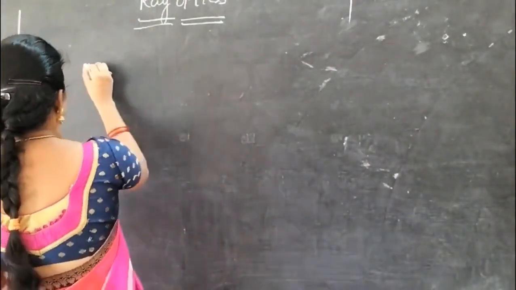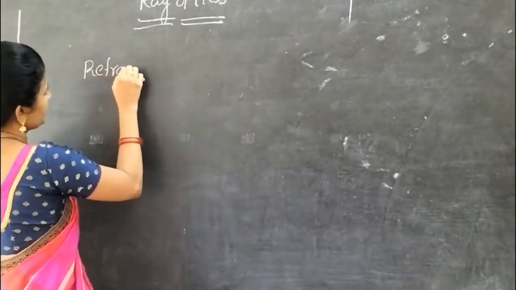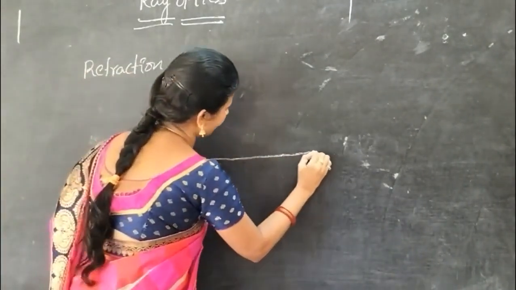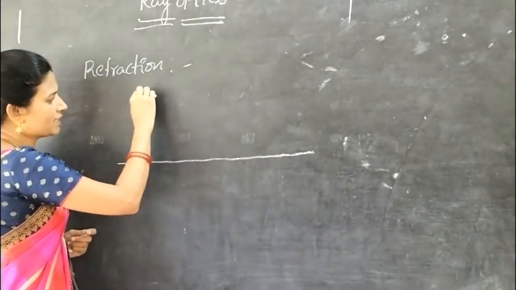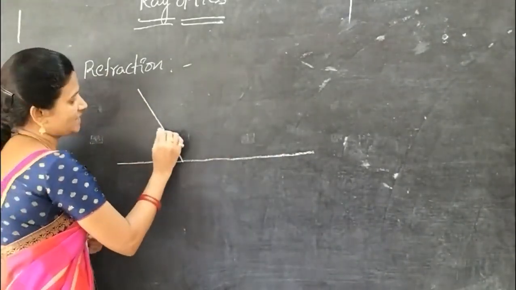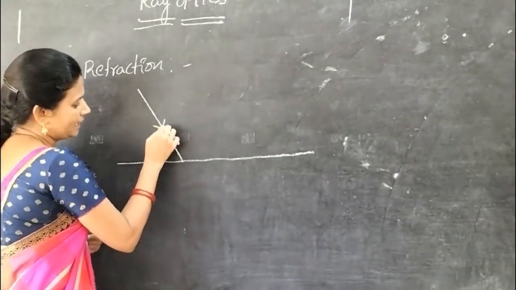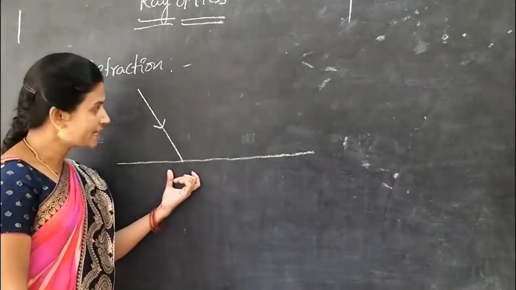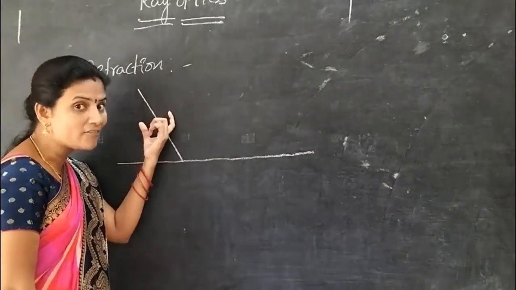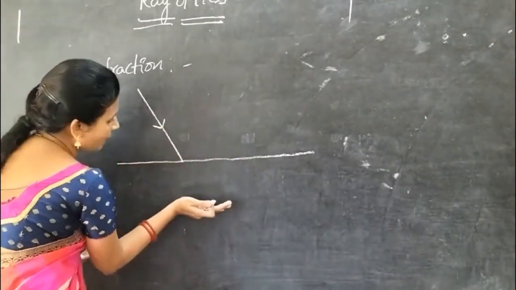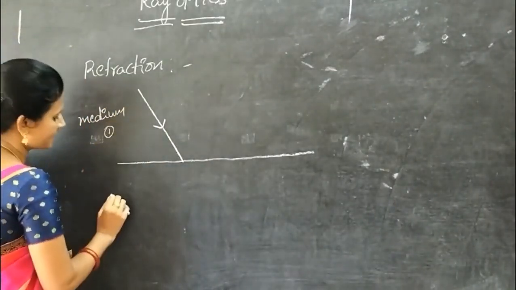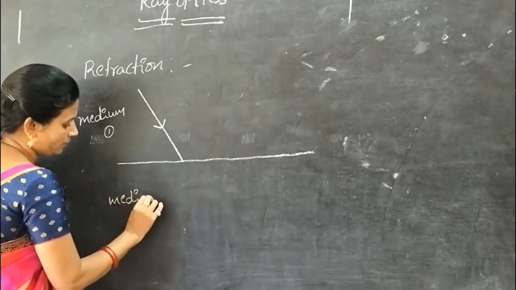So why does it happen? Refraction means, this is the separation of the medium. Whenever the light ray strikes the separation of the medium, that is, whenever the light ray travels from one medium to another medium, this is medium 1 and this is medium 2.